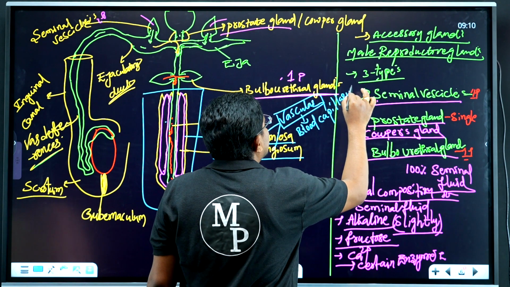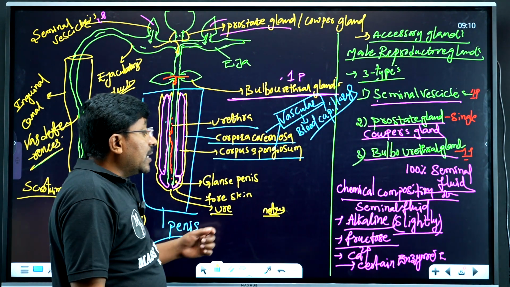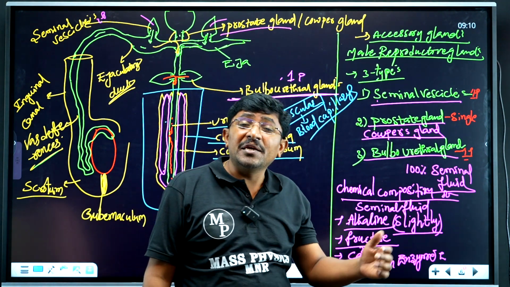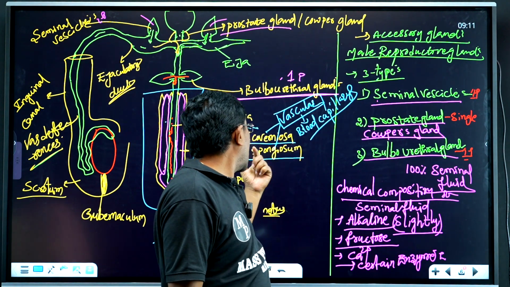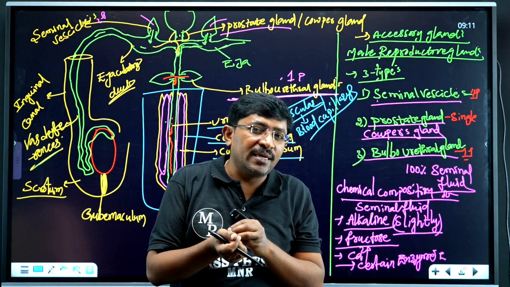What is the advantage of blood capillaries? During copulation, by the heavy rush of blood into the corpora cavernosa and corpus spongiosum, the penis becomes rigid.